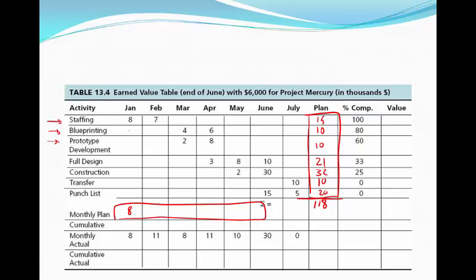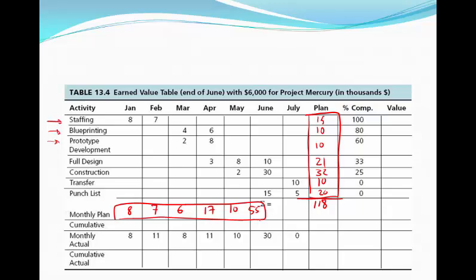So we're just adding up all the numbers in the January column. February, $7,000. March, $6,000. For April, $17,000. May, $10,000. And June, $55,000.